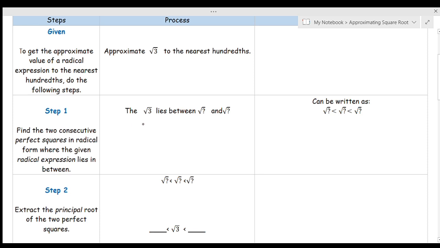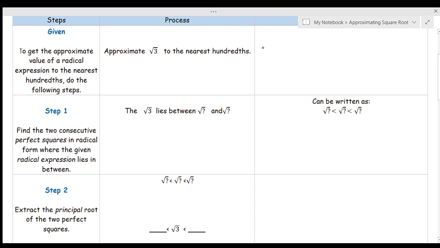So the first one is kailangan natin alamin kung saan ba natin matatagpuan ang square root of 3. So let's start with this one. We know that the square root of 3 is not a perfect square. So kailangan lang natin ma-memorize dapat yung table of the square root of a number.